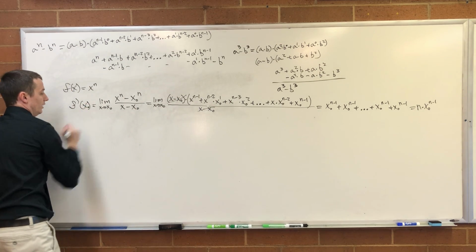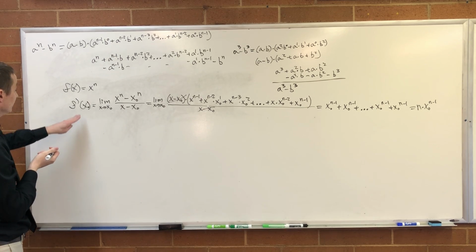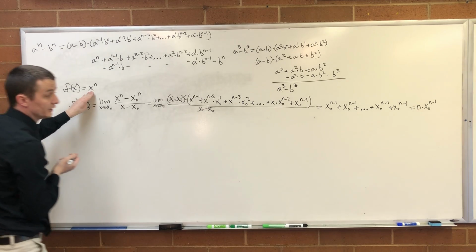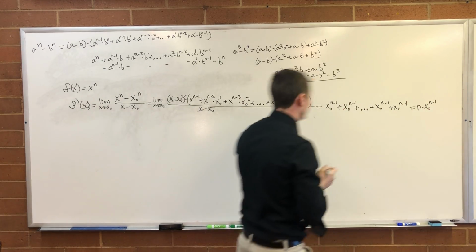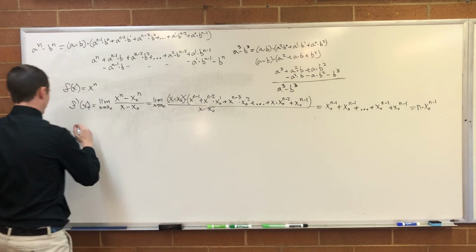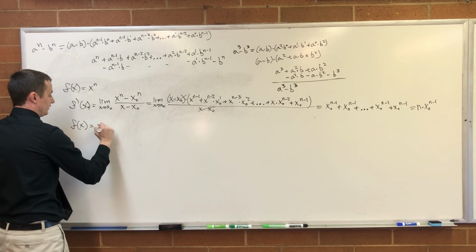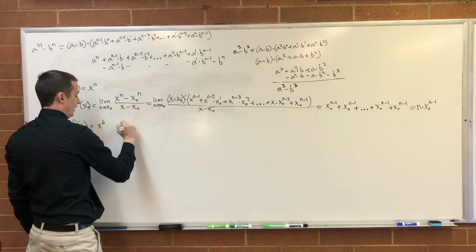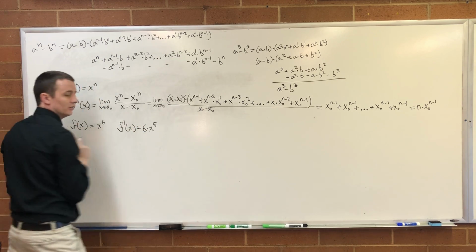That's f prime at x naught. What does that mean? If you're looking at x to the n and want to take its derivative, it's just n times x naught to the n minus 1. So now you can do this in your sleep. If I say f of x is equal to x to the 6, then f prime of x is equal to 6 times x to the 5. That is so slow.